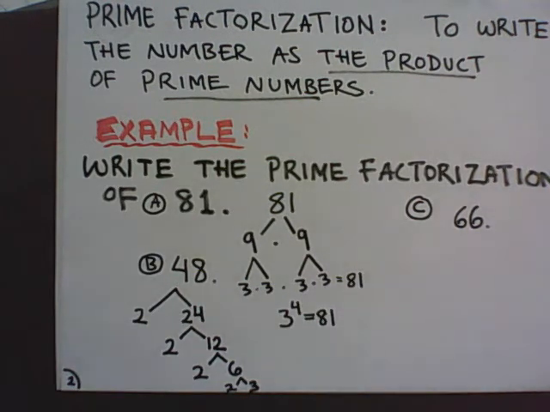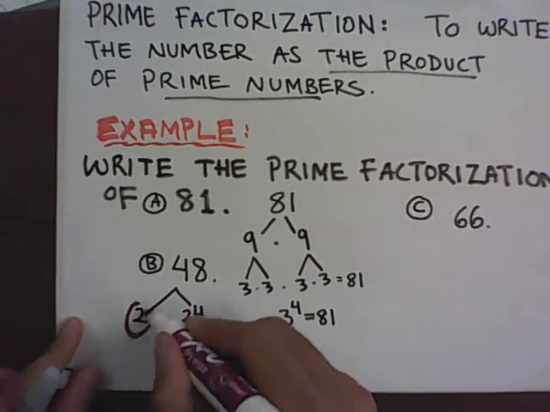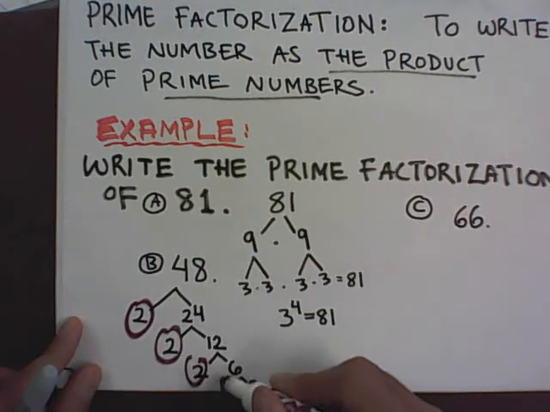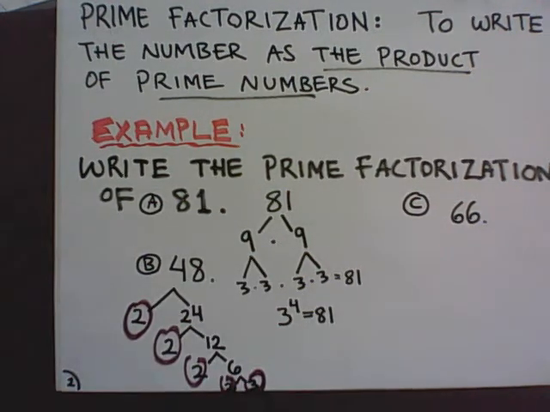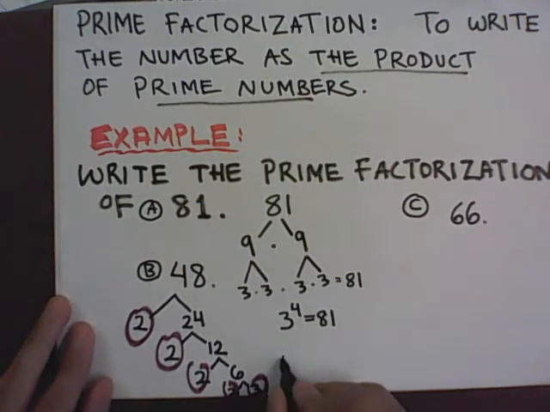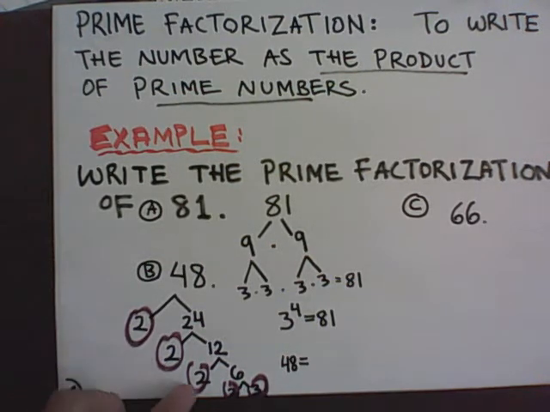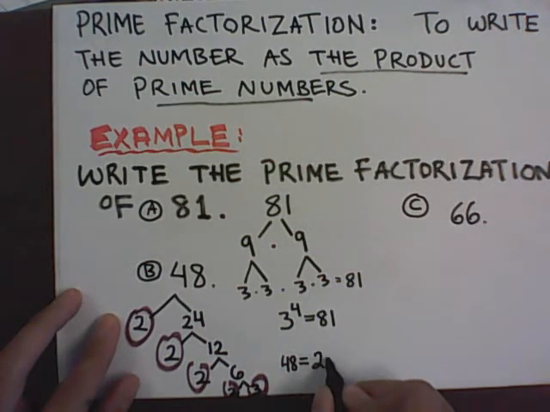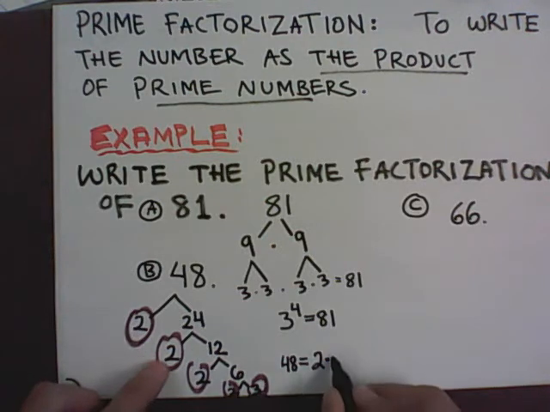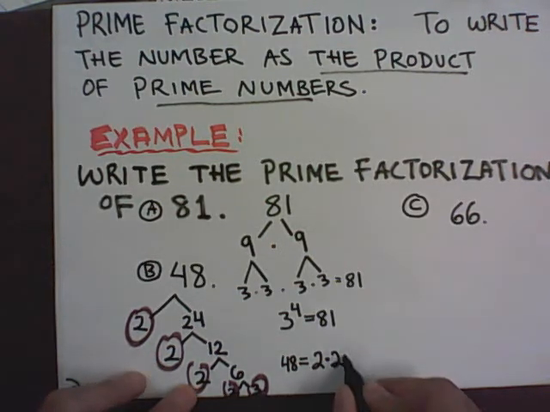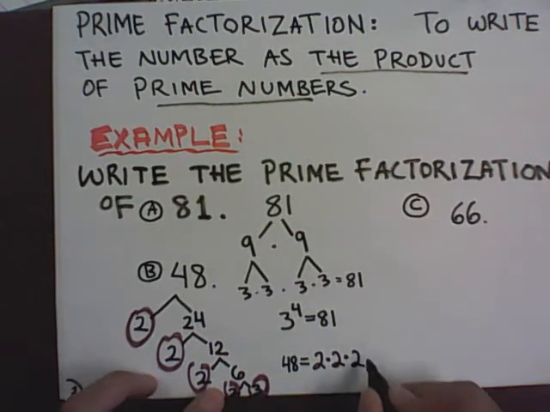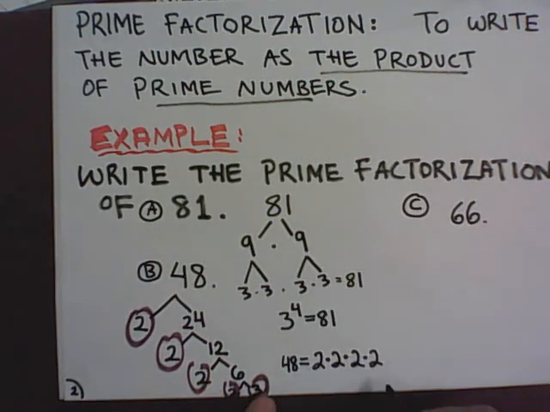So, I'm gonna circle all the prime numbers, which is gonna be 2, 2, 2, 2, and 3. So this is the final answer for 48. Okay, so 48 is equal to, I'm gonna write this down, 2 dot, that's that one, and now this one, 2 dot, 2 dot, 2, and finally the 3.